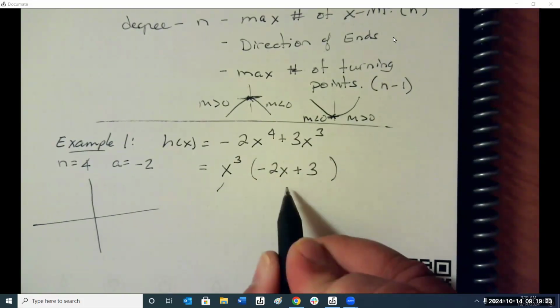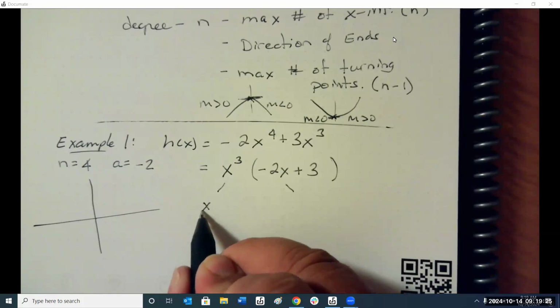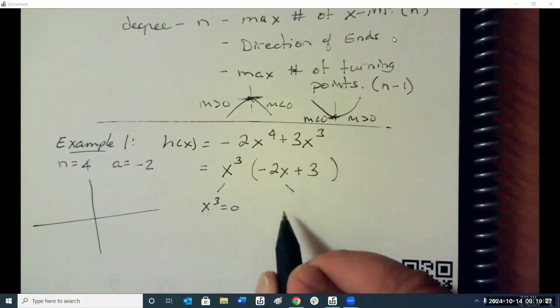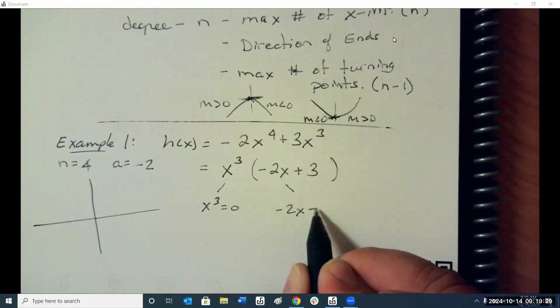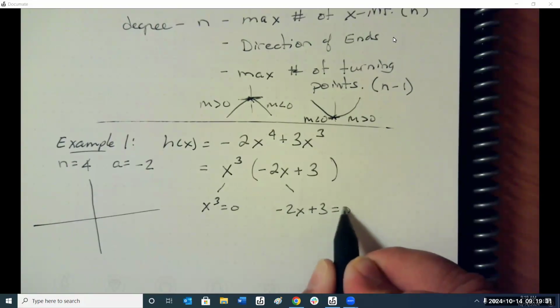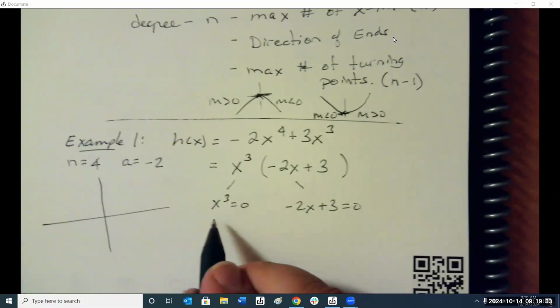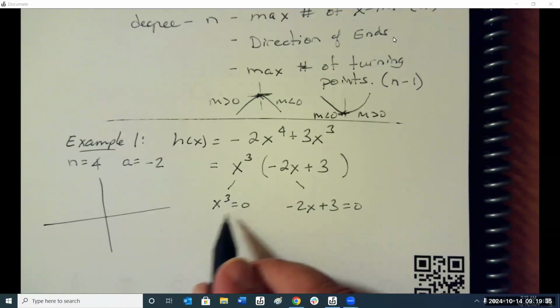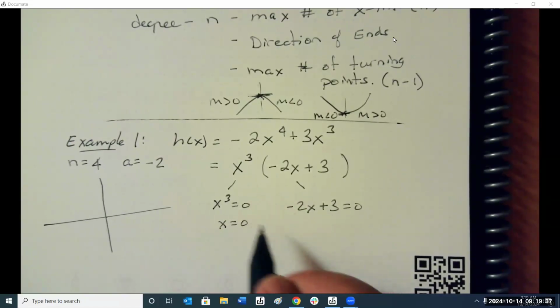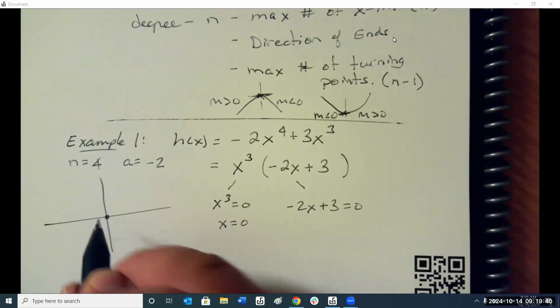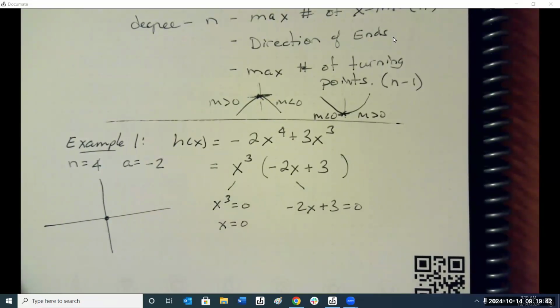We take both of these factors, set them equal to 0. So x cubed equals 0. Only way that's possible is if x is 0. So we have an intercept there.